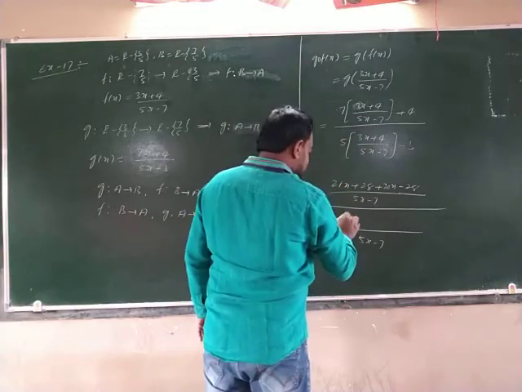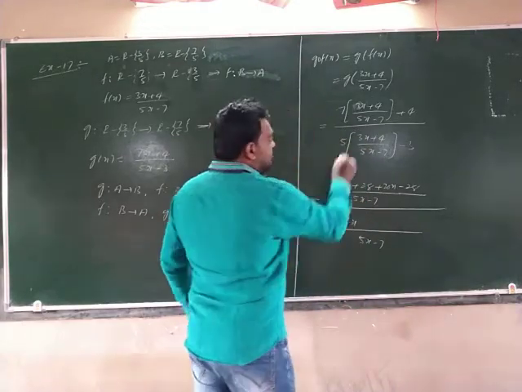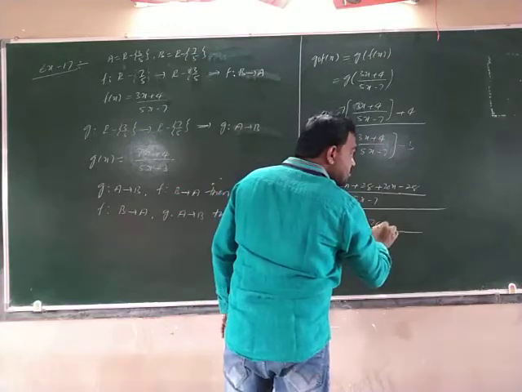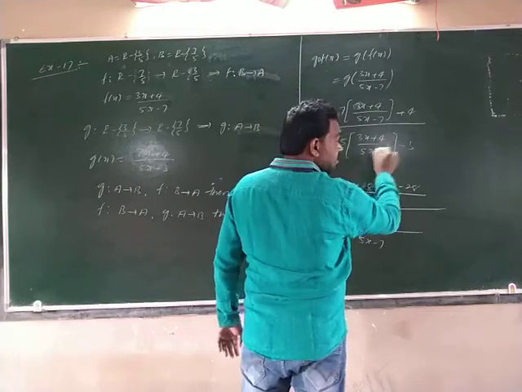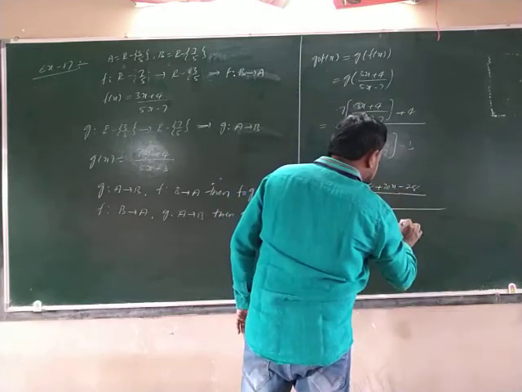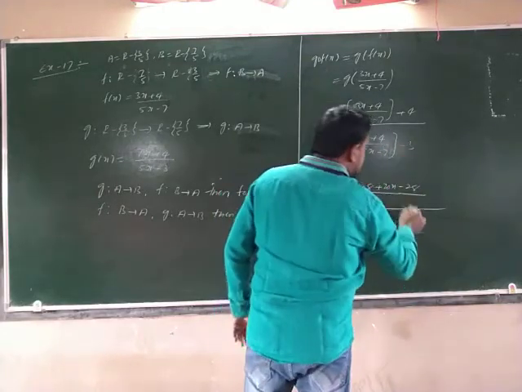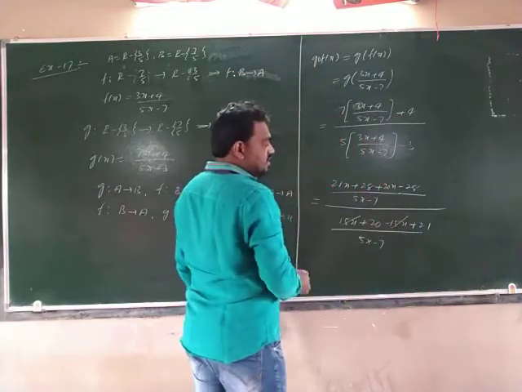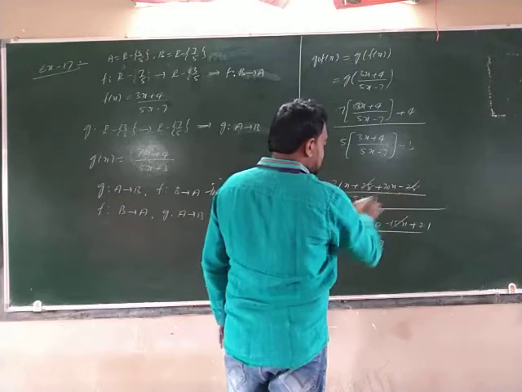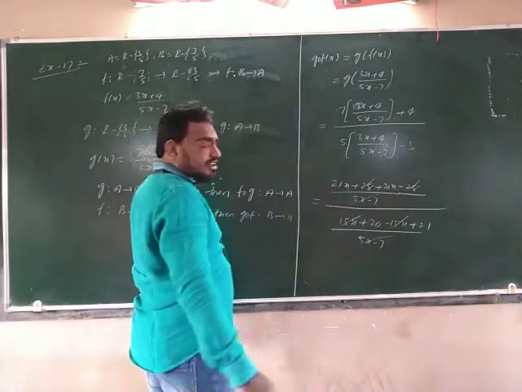3 5s are 15x, 5 4s are 20. Next, 5x into minus 3, minus 15x, minus into minus plus 21. Now 15x gets cancelled, 28 gets cancelled, 5x minus 7 gets cancelled.